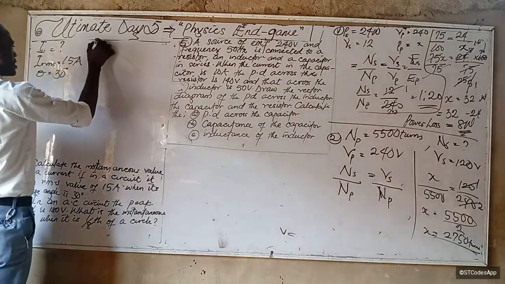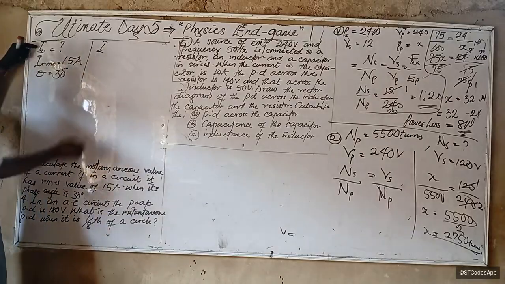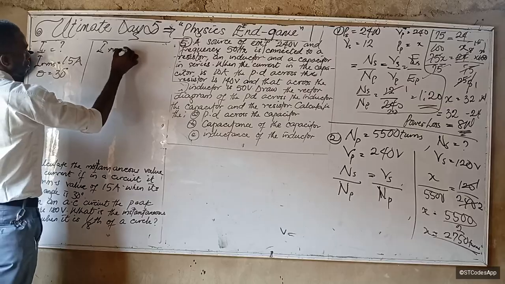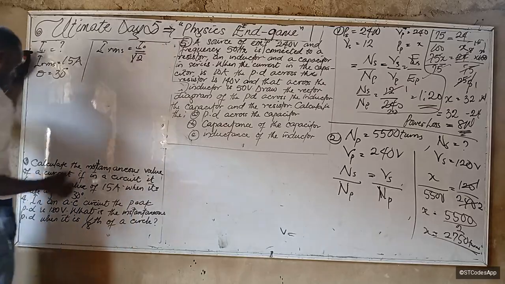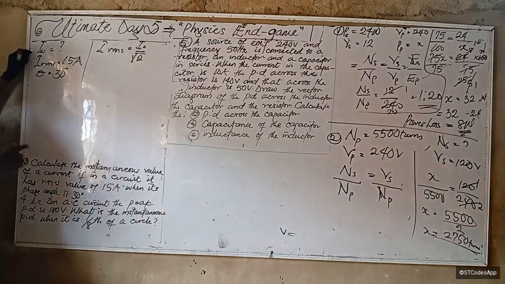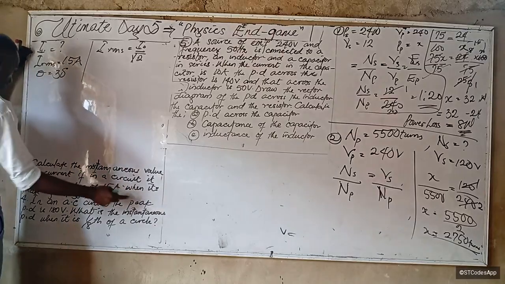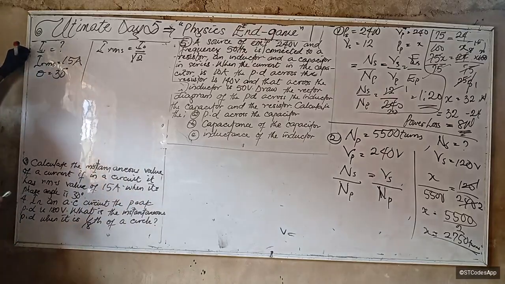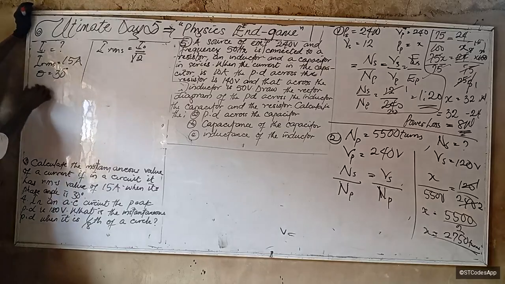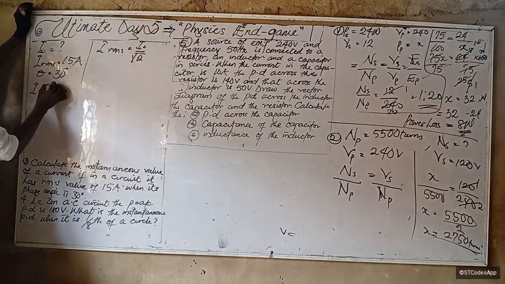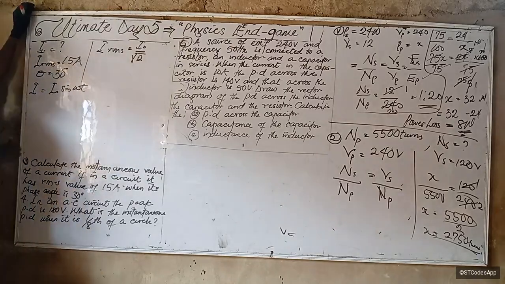Now remember that I RMS is equal to I sub naught over root 2, isn't it? And you know that I is equal to the peak value, I sub naught sine omega t or sine theta.